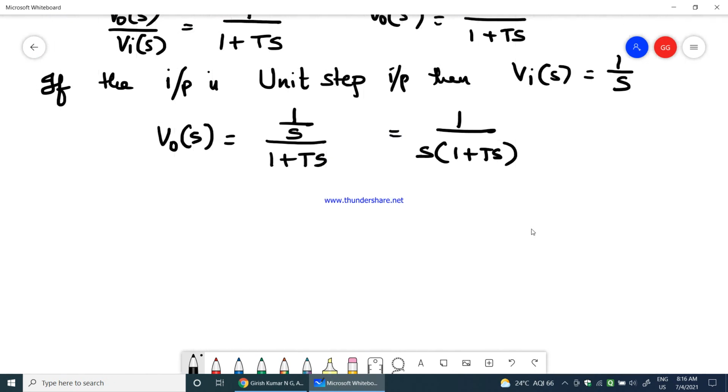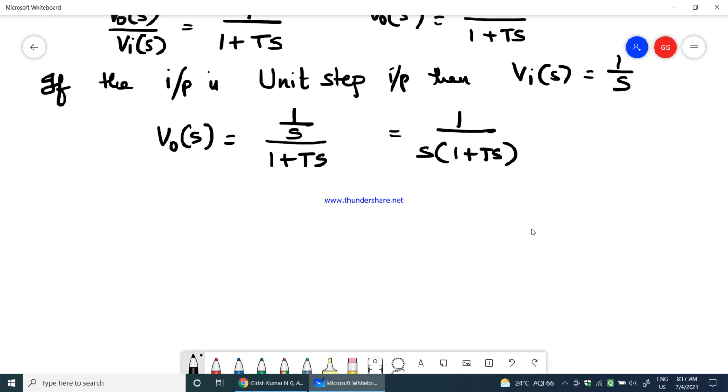Now we need to find out the output V out in time domain, and then we see the graph that we draw for various time, the time response, where the behavior of the first order system with respect to time. Therefore we need to convert this S domain equation into a T domain equation.